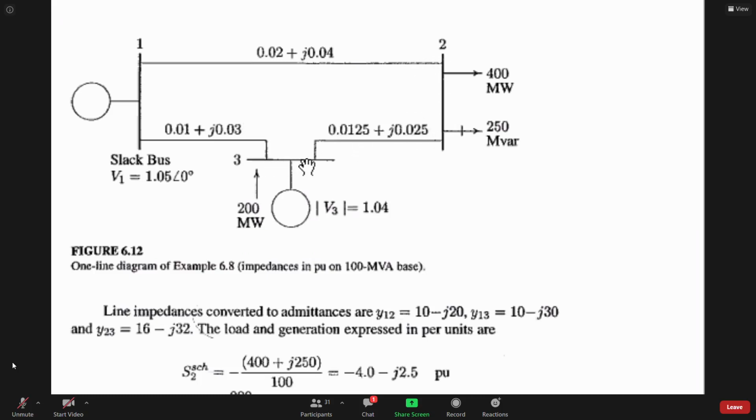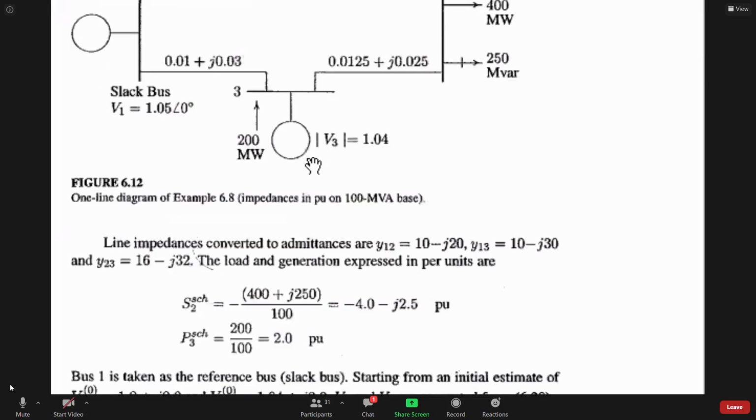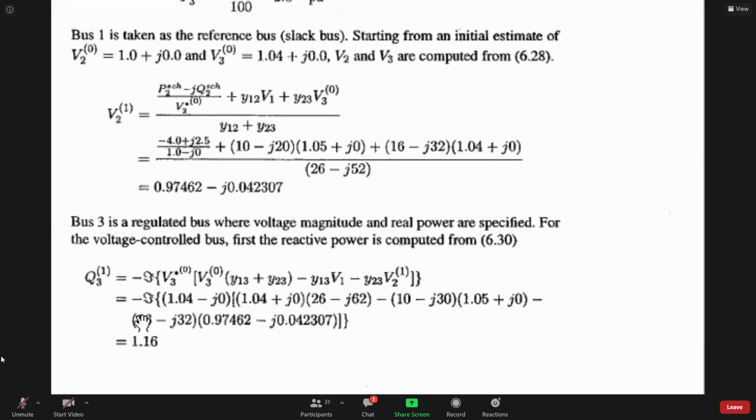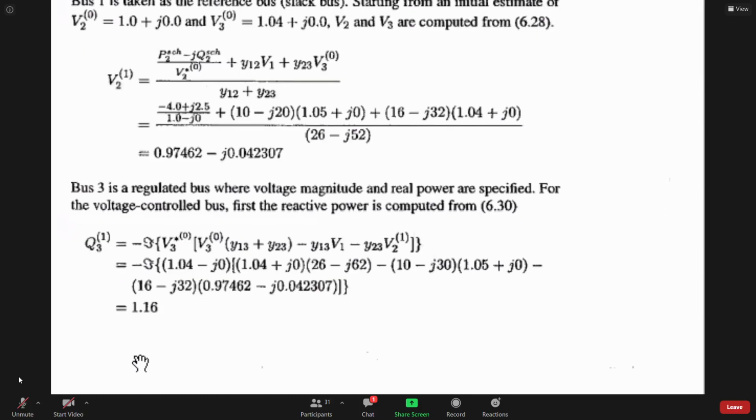Yes, sir. Bus 3 is PV, so you have to determine Q as well as V3. Q you can find, just as we have seen earlier, that it should be the negative imaginary part.